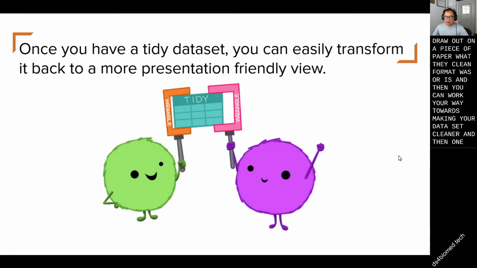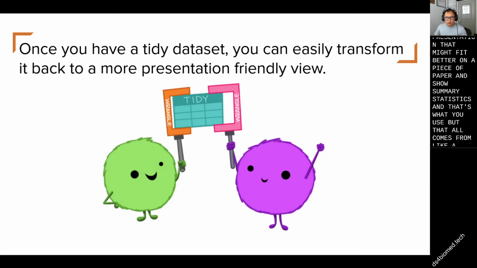And then once you have your tidy data set, then you can transform it into any other form that you need, right? So there are forms of your data presentation that might fit better on a piece of paper and show summary statistics, and that's what you use. But that all comes from a clean data set.